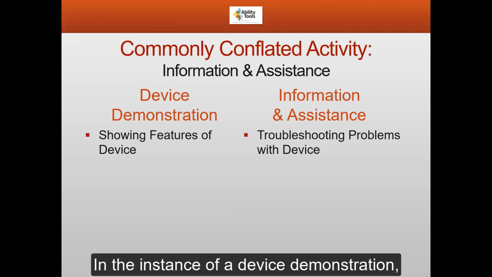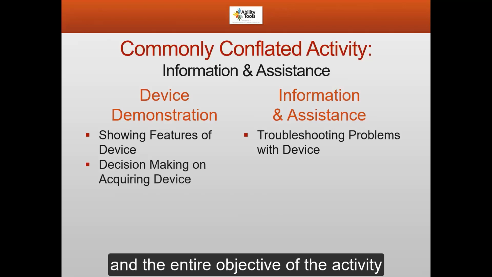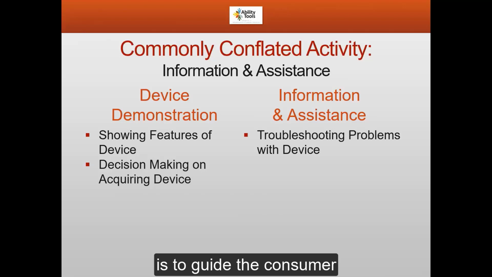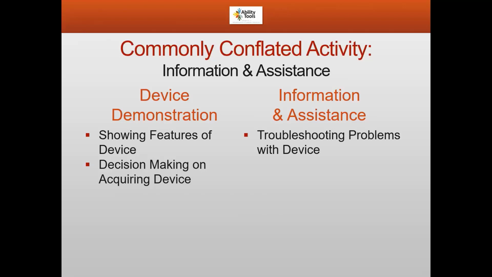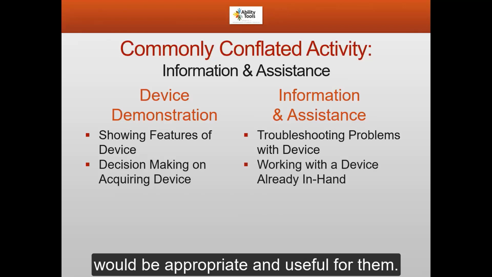In the instance of a device demonstration, a device has not yet been selected for the consumer, and the entire objective of the activity is to guide the consumer in making a decision on whether acquiring an AT device would be appropriate and useful for them.